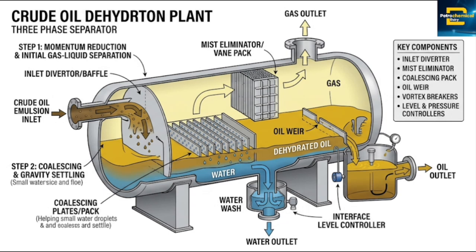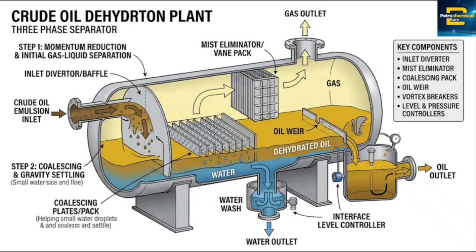It helps to make the droplets large, so that the water can be separated from the oil. Remember the water and the oil are almost at the same level, so we have to make the water droplets larger for them to be separated from the oil. So that's the work of the collapsing plate.